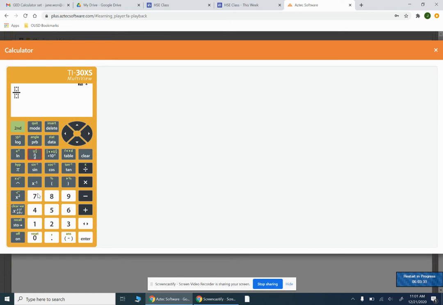And this time my numerator, 7, is going to be bigger than my denominator, 2. And I'm going to press right again to get out of this fraction. This is what we call an improper fraction because the top number or the numerator is bigger than the denominator. Now, improper fractions can be changed into what we call a mixed number.